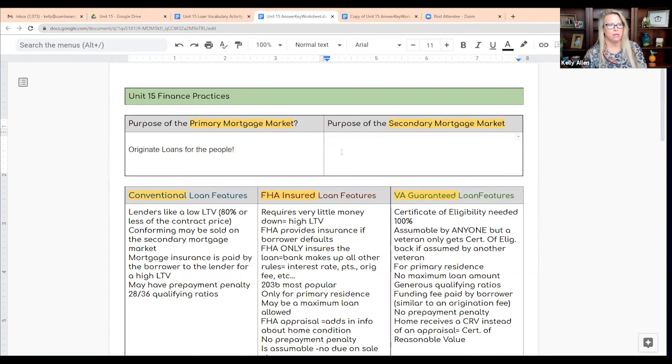Purpose of the secondary mortgage market is to buy loans from the primary mortgage market, which infuses capital back into the primary mortgage market.